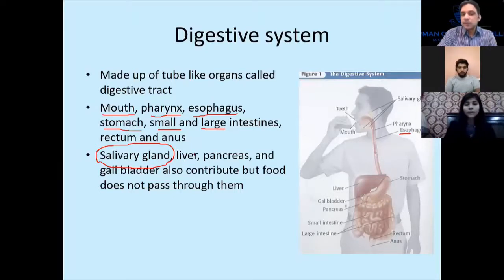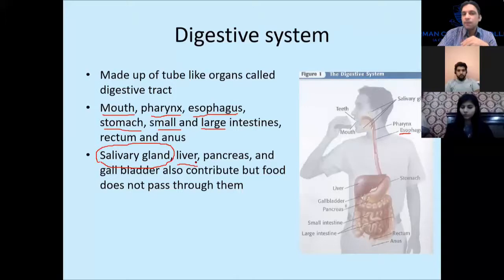The next associated organ is the liver. The job of the liver is to produce bile. It's a chemical produced by the liver. The liver is doing another job as well, which we are not studying here. But for the purpose of digestion, the liver produces a chemical which is called bile.